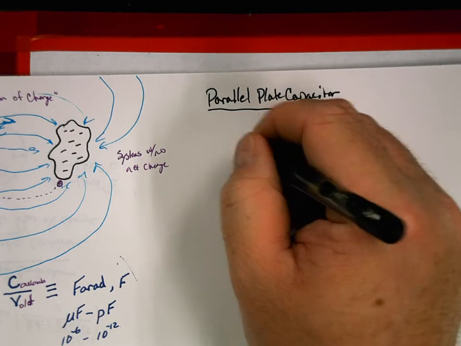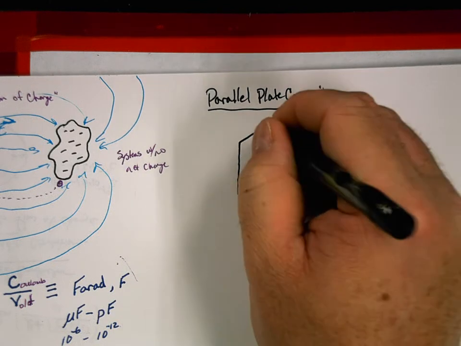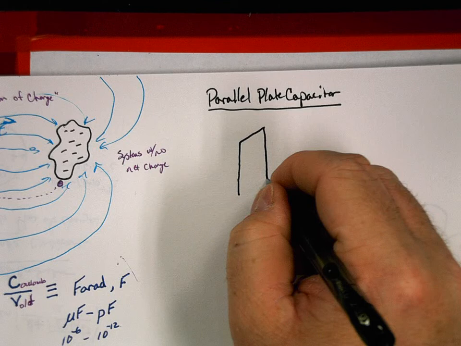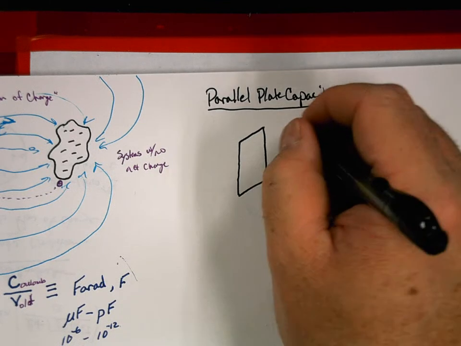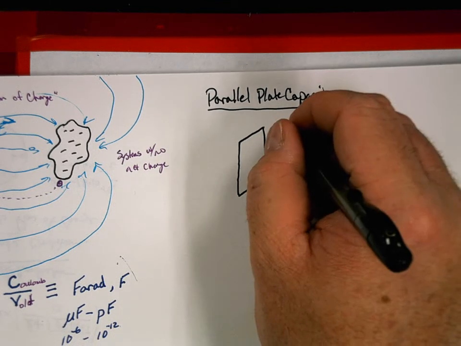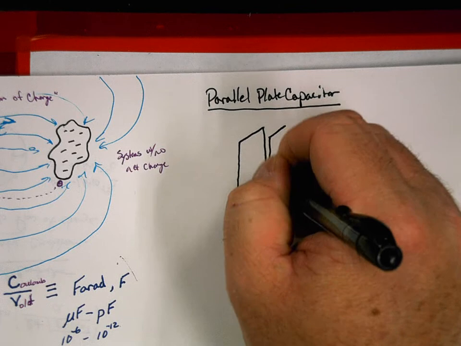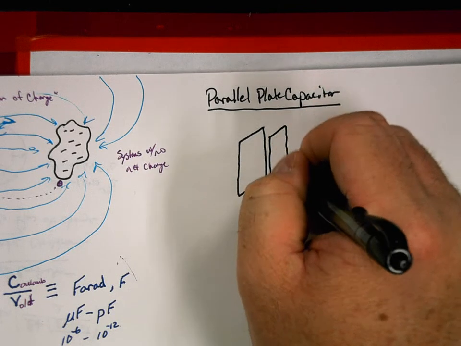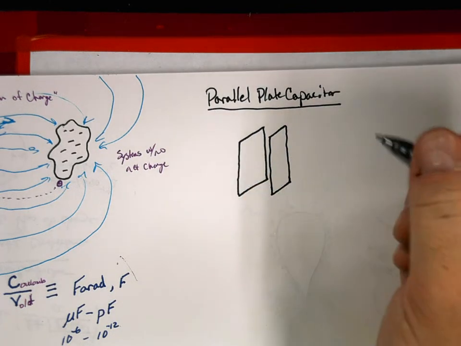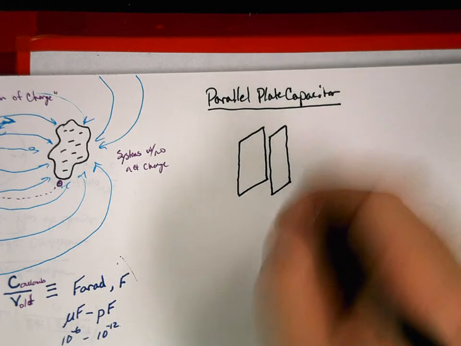You take two flat surfaces of a capacitor, they should be the same area, although I didn't draw them that way.